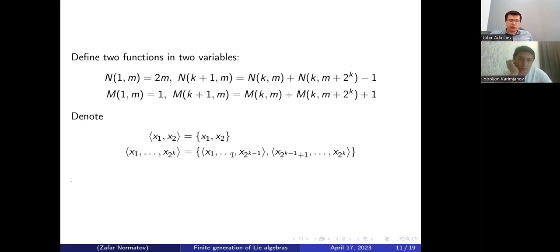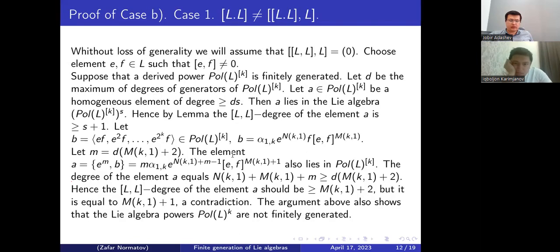For case B, they show that they find elements like these A elements using the new operations in terms of these two functions, and also calculate the degrees and take the contradiction. The Lie algebra powers are not finitely generated.